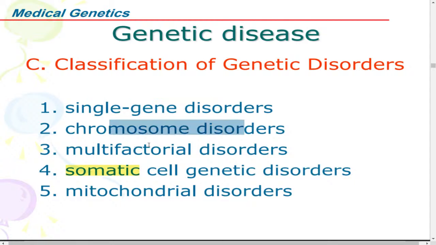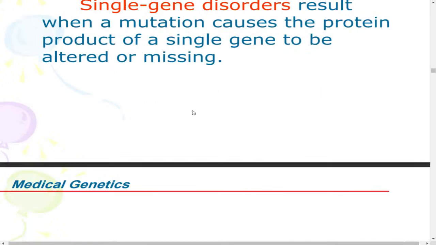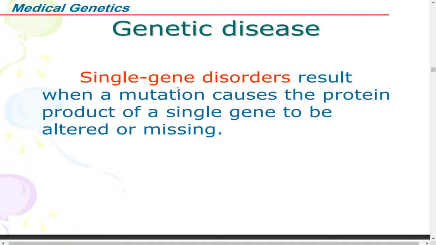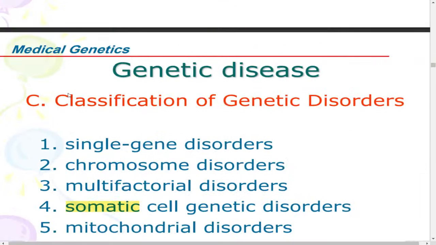Single gene, chromosome, multifactorial, somatic cell genetic, mitochondrial, all disorders classification. Next slide. We have the genetic disease. Here the genetic disease, single gene disorder, which is one classification that we have already talked about, the single gene disorder.